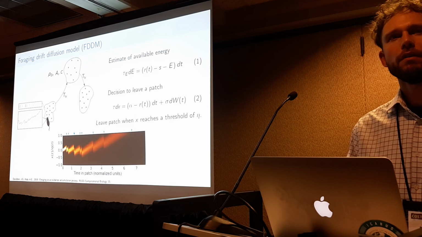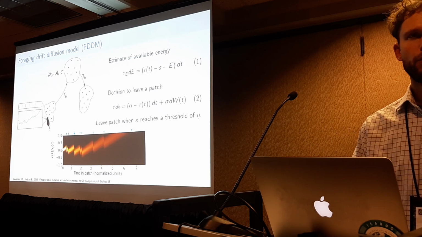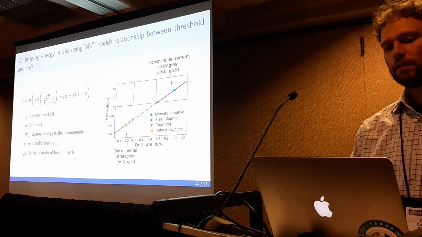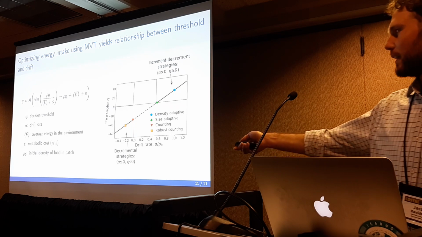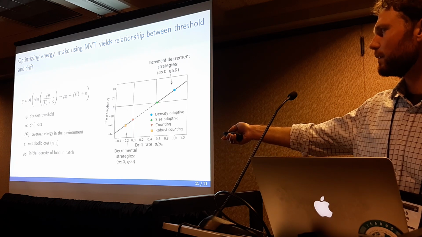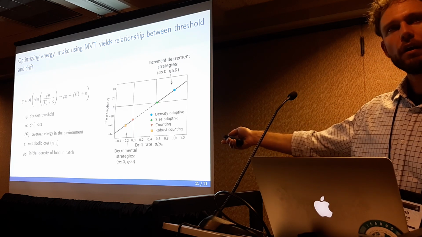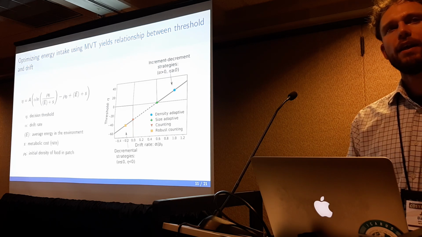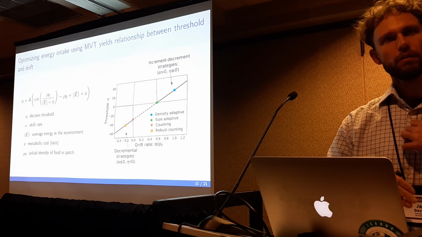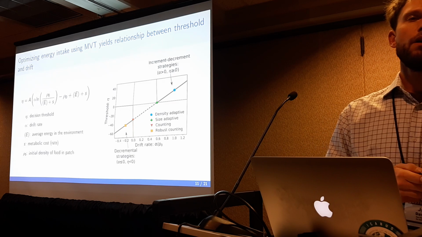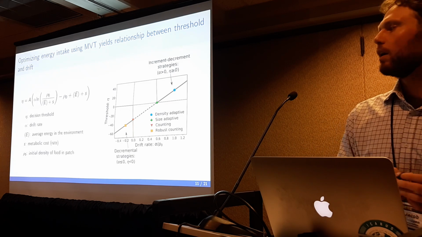Yeah. Alpha is actually the drift. So if alpha equals 0, the animal would leave. If it's negative, then once they find enough food, they'll just decrease until they leave. But if it's positive, then it'll never leave.